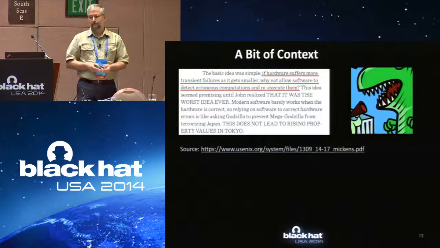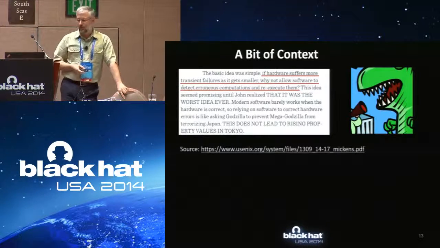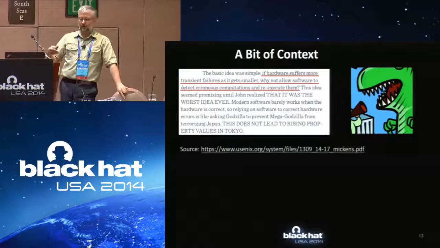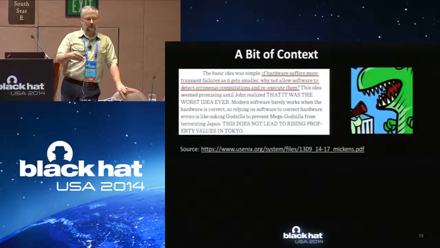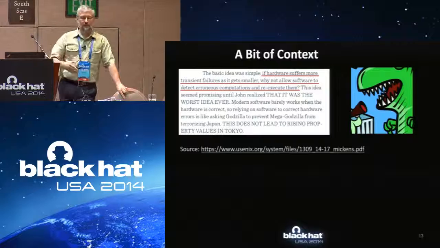And he also writes that modern software barely works when the hardware is correct. So relying on software to correct hardware errors is like asking Godzilla to prevent Mega Godzilla from terrorizing Japan.